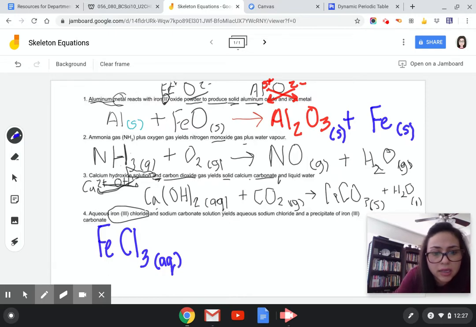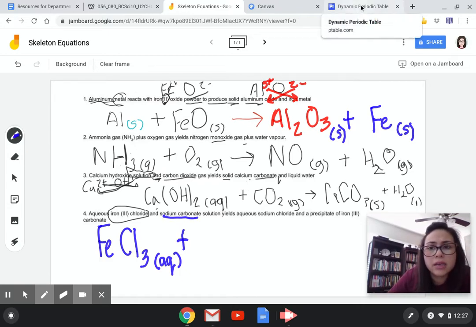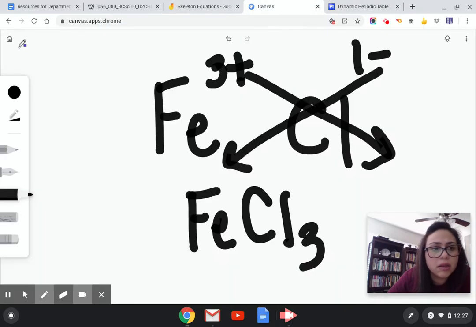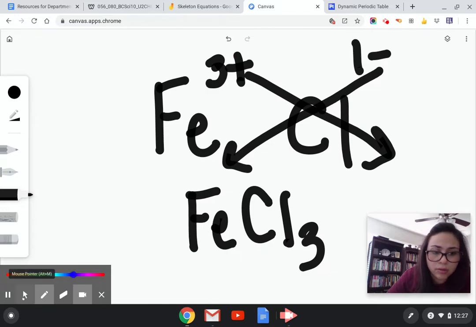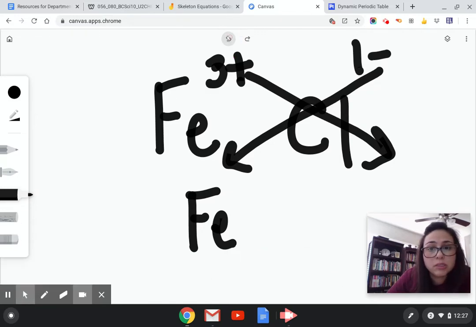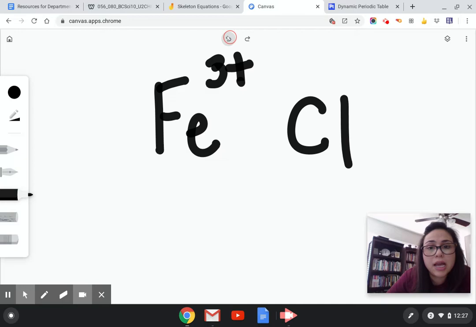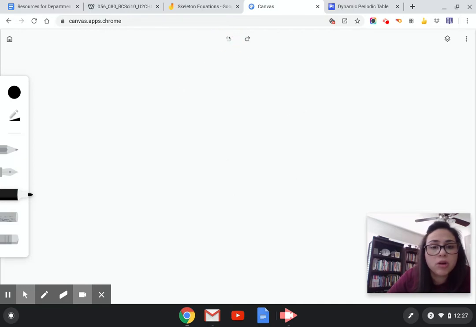Then it says and, so we're going to put the plus sign, and then sodium carbonate. Now sodium carbonate again is going to have a polyatomic ion. And again, the only way to know these is to basically look at your sheet or just memorize these polyatomic ions.